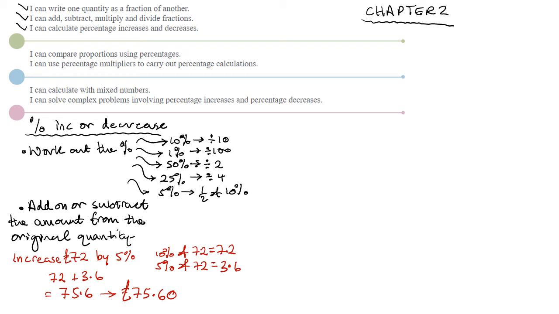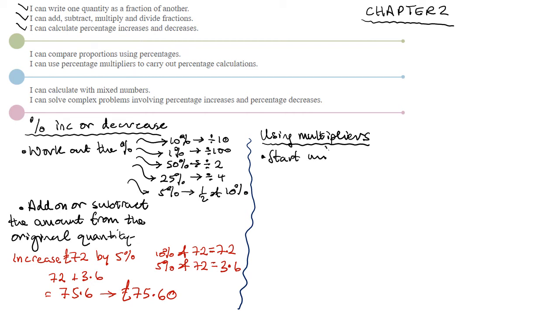Now, if we have got a calculator, then what we would do, we would use something called a multiplier. It makes doing a percentage increase or decrease much easier using multipliers, right? So how do we use multipliers? Step number 1, start with 100%. Always you start with 100%.